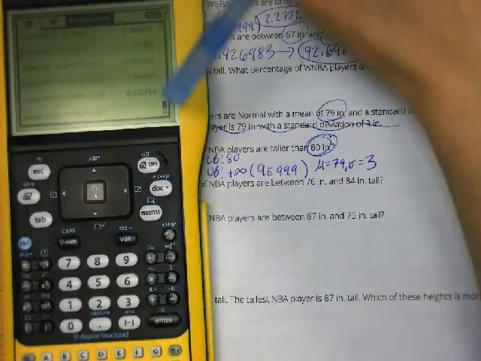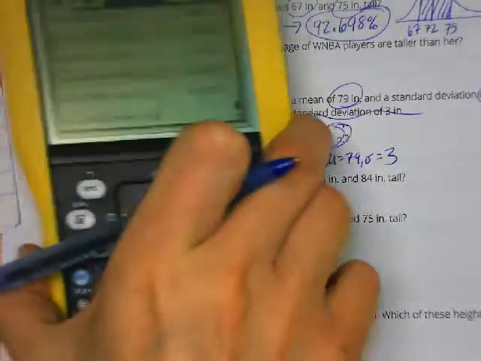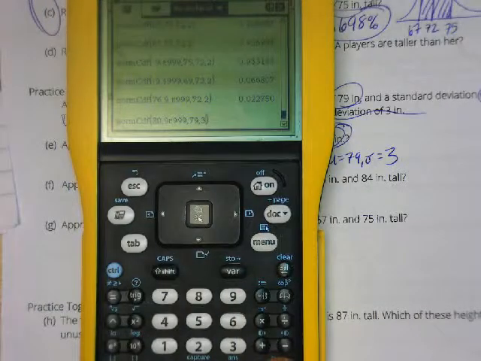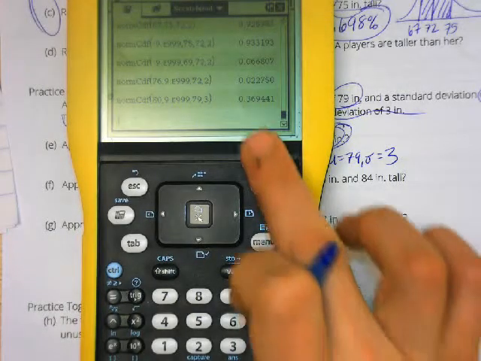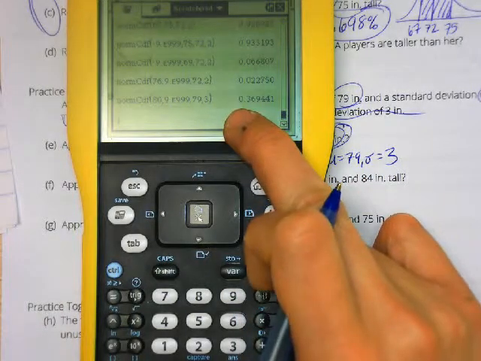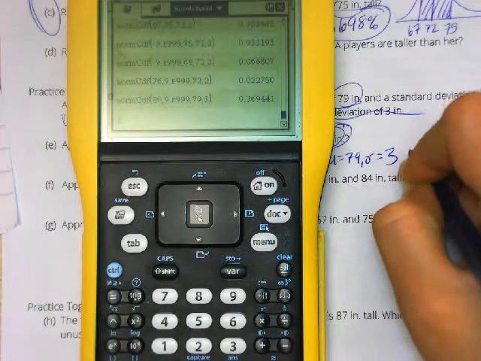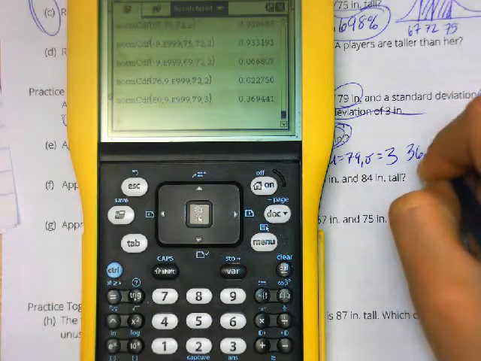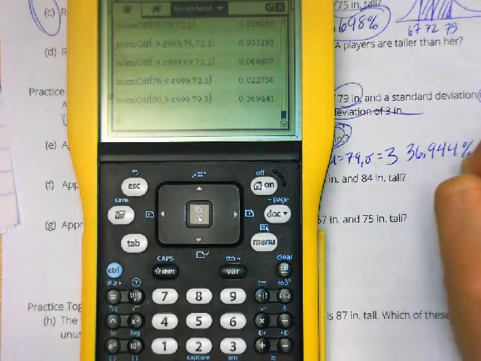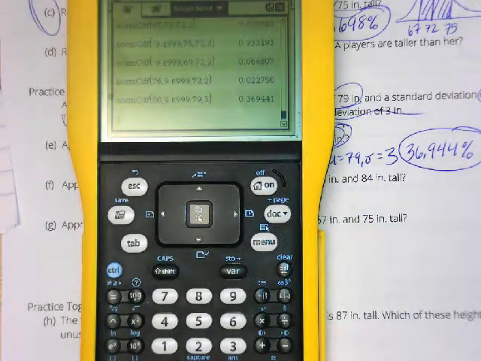So let's zoom in. For the answer, I'm just going to push enter, and I get 0.36944, or 36.944%.